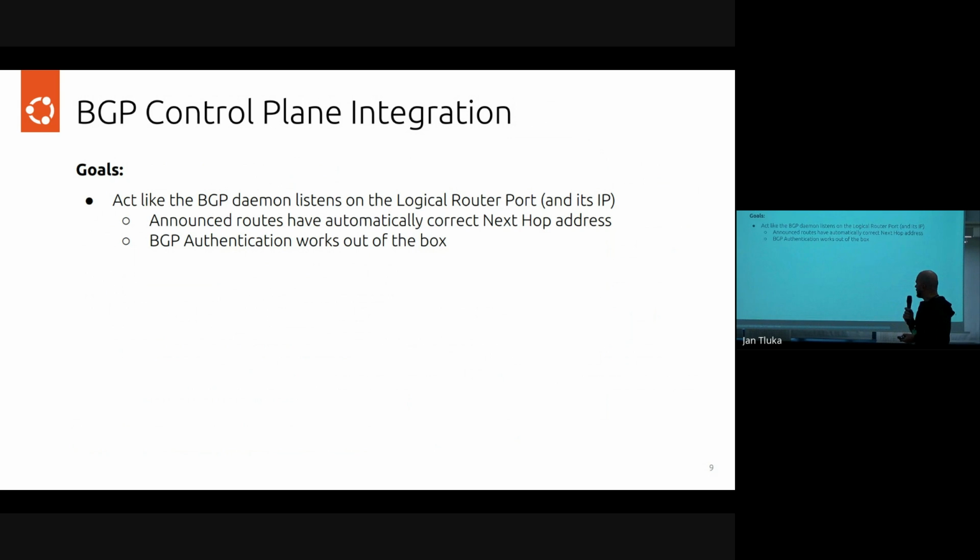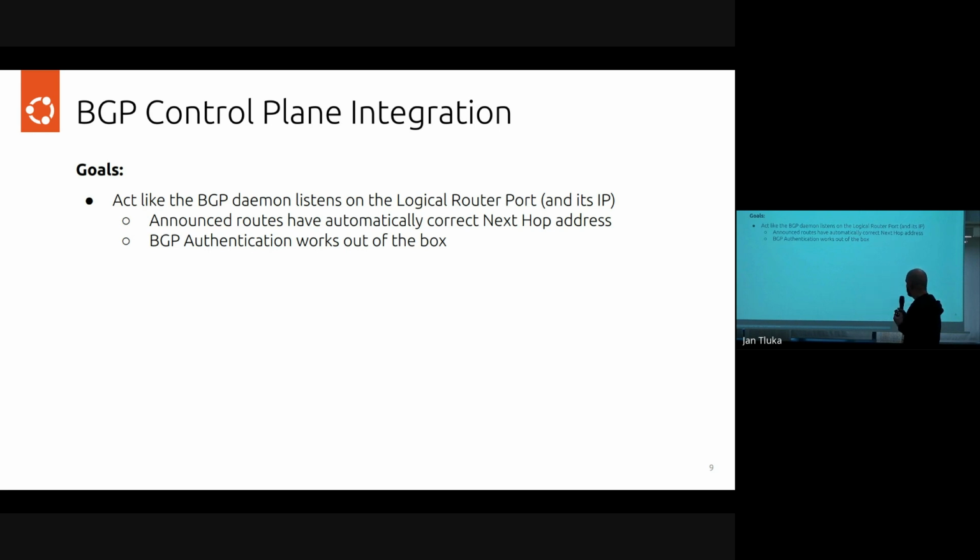So as some of the goals that Frode already mentioned, we wanted to achieve that we could speak with the external BGP speakers, for example, on top of rack switches, from the chassis, and act as if our side of the BGP speaker was listening on an IP owned by a logical router port.